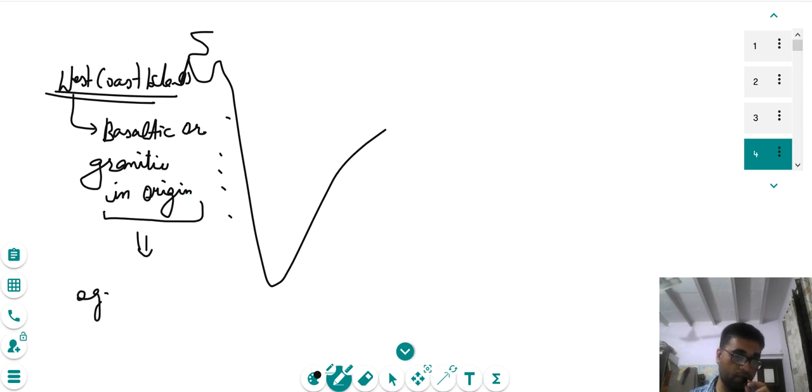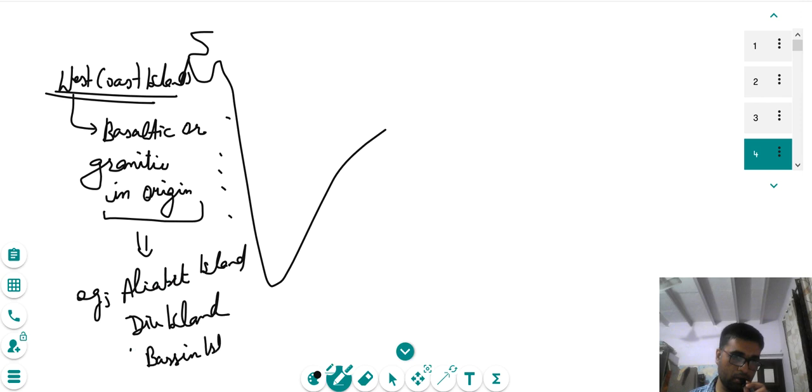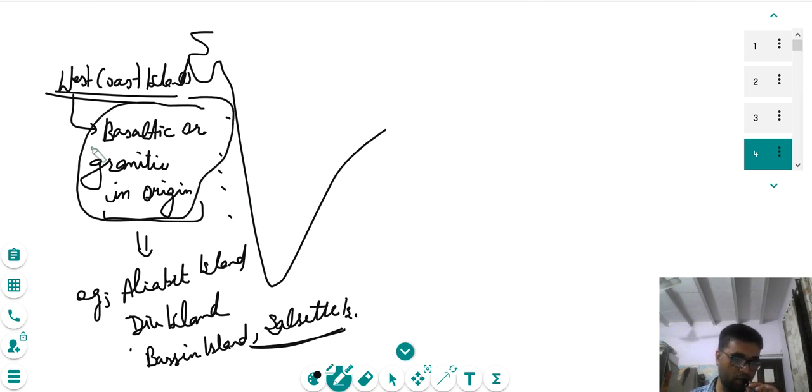Example: Aliabet Island. Along with this, we have Diu Island. You can also mention Bassein Island and Salsette Island. So these are the west coast islands and their lithology, right? So these are the islands of India.